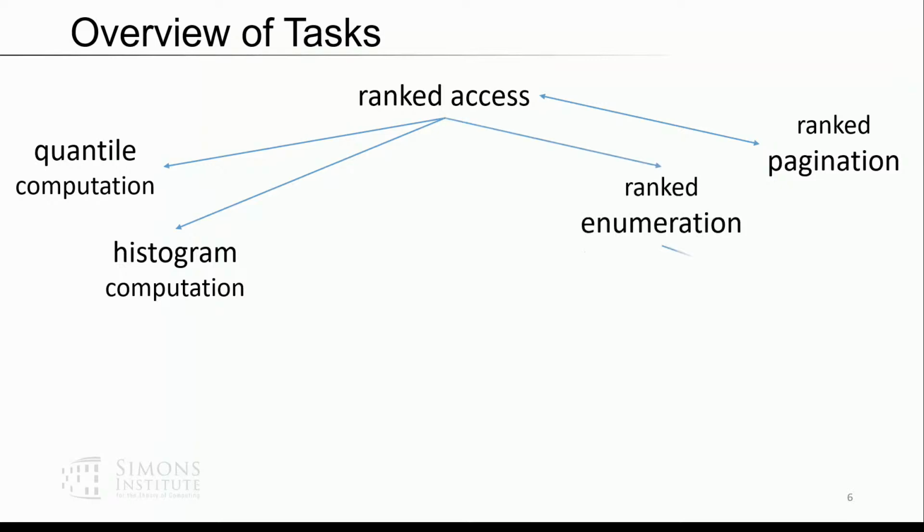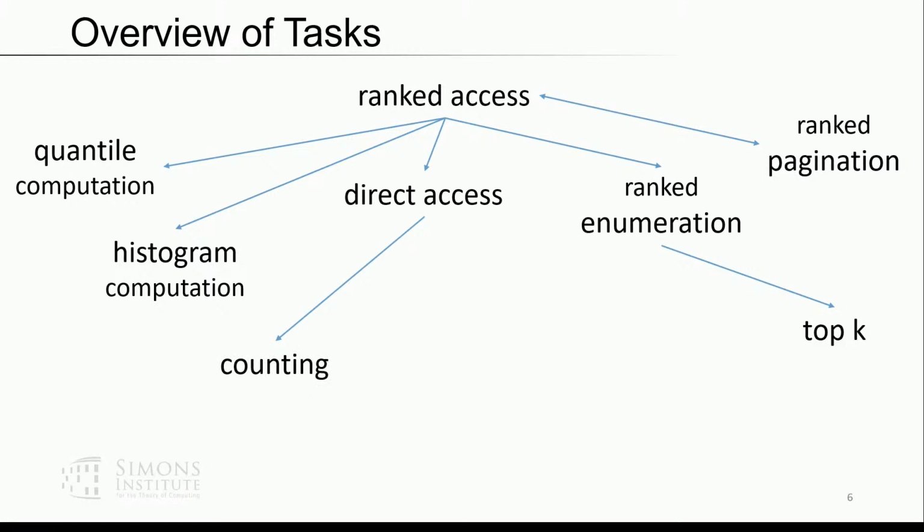What else can we do? Well, we can do ranked enumeration, which is what Nikos was talking about in the previous talk, if you just access the indices one after the other, 1, 2, 3, 4, and so on. And then there are also things you can do regardless of the specific ranking you use, even if you don't force a specific ranking on the simulated array. So first of all, you can do counting if you just binary search to see when you get out of bound.